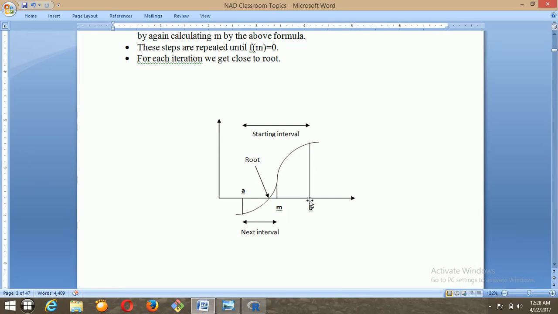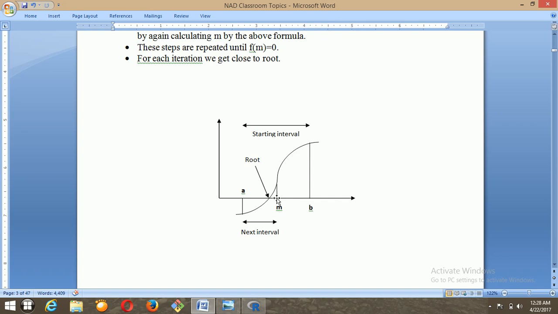A given interval a and b. We are bisecting this interval and getting a point m. And we are analyzing the root at this point. If the functional value of this point doesn't become 0, it means the curve is not cutting the x-axis at point m.